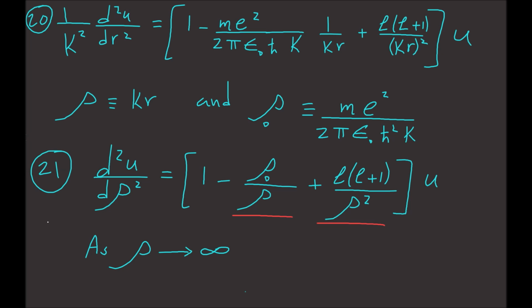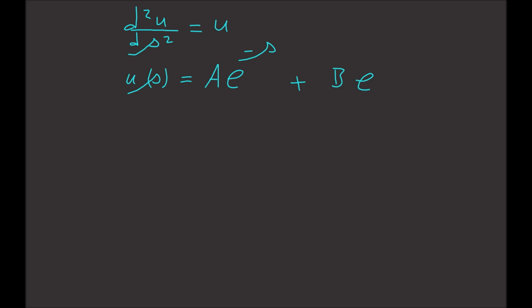With this being said, the second derivative of u with respect to rho is equal to 1 times u, which is just u. Yay, this is a very easy differential equation. We know the solution for this: u of rho equals a times e to the minus rho plus b times e to the rho.